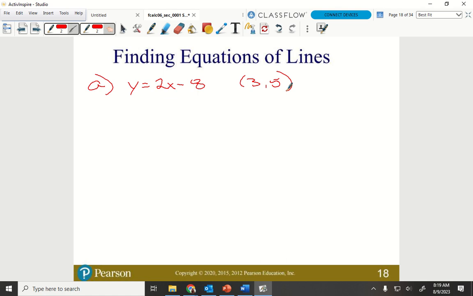So let's try it again. Parallel lines have the same slope. What's the slope of this one? 2. Okay. So now, do I know the slope of my next line, the parallel line that I'm going to make? Okay, and what else was also given to me? What is this thing right here? The point. You have the point and the slope.